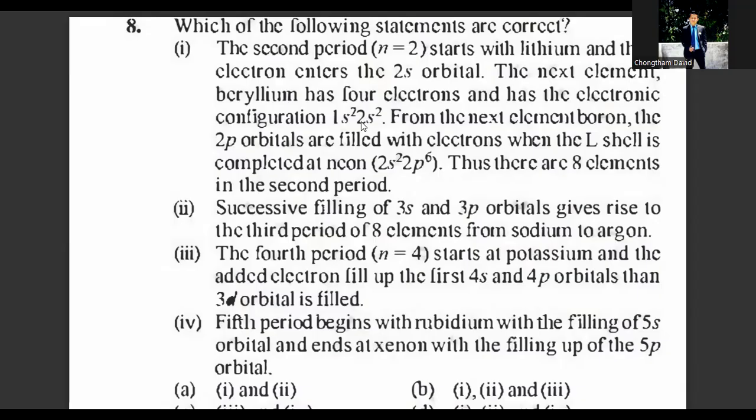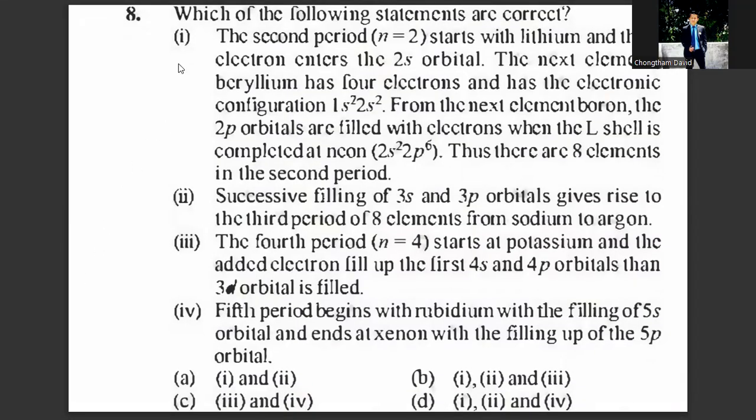From the next element, boron, the 2p orbitals are filled with electrons when the L shell is completed at neon, thus there are 8 elements in the second period. So you have to find which is the correct answer. So statement 1 would be the correct statement.